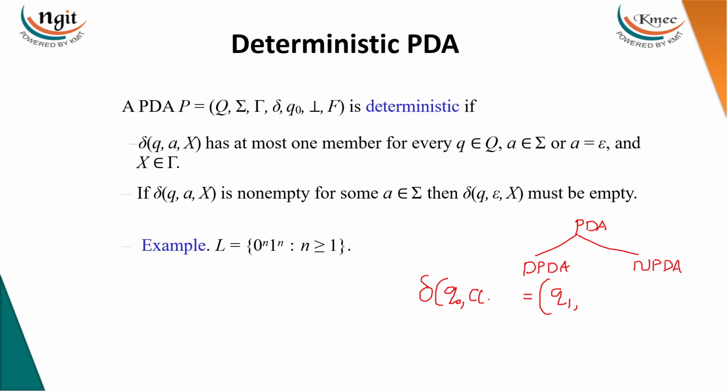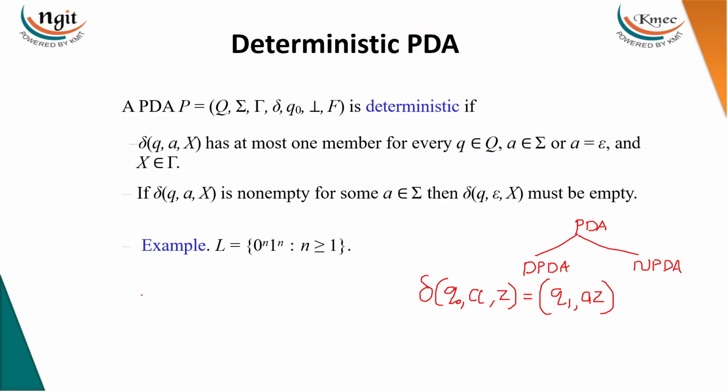But DPDA means not only one state: on any state, if you read any input symbol on a particular stack symbol, then it must go to the same state by performing the same operation. This is DPDA. If states are different, not DPDA. If operations are different, not DPDA.